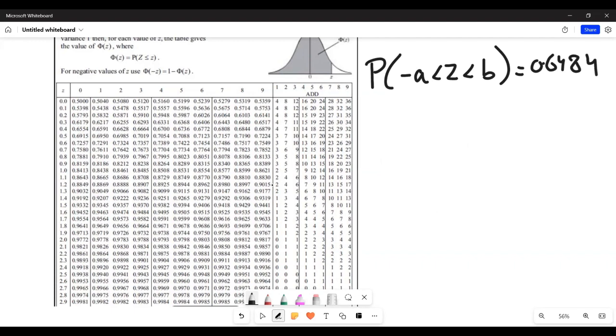We will write phi, sorry, this is also supposed to be a, so you have to find the value of a. So now you write 2 phi a minus 1 equals that. So add 1 to it and then divide it by 2.